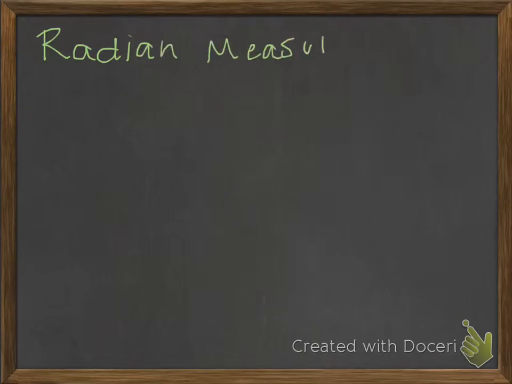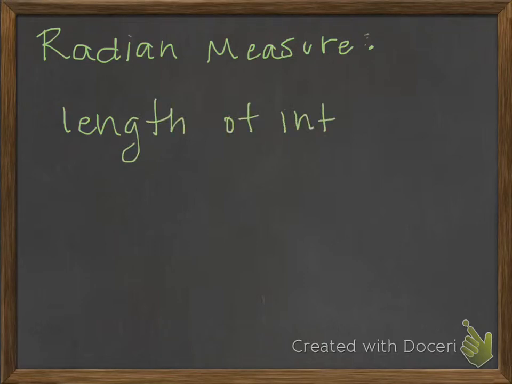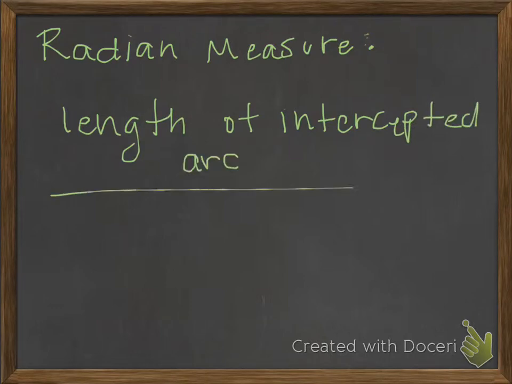Radian measure is found by taking the length of the intercepted arc and dividing the length of the intercepted arc by the radius.